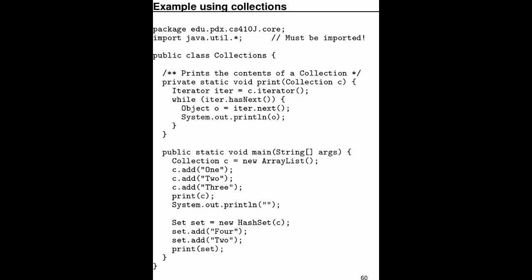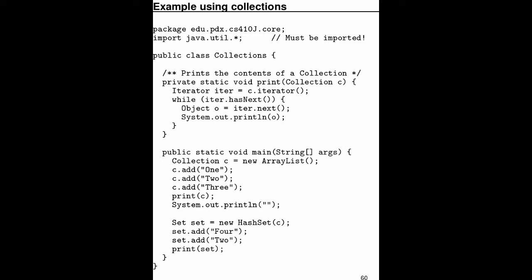There is no concept of saying, give me the first one, give me the second one, give me the third one. Collections just don't have that. Instead, they have this iterator object that then lets you visit each one of them. So you get an iterator, and you loop: while there are more objects to be gotten from the iterator, give me that object and print it out. That simple.